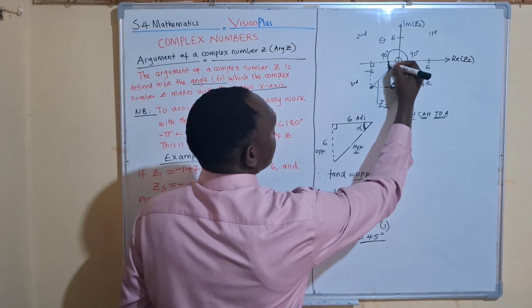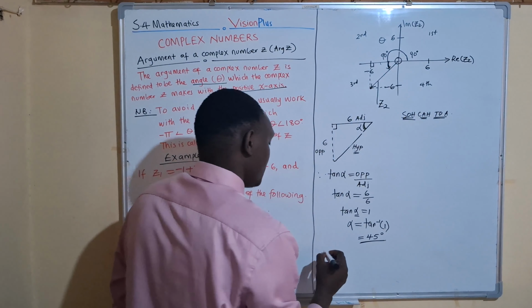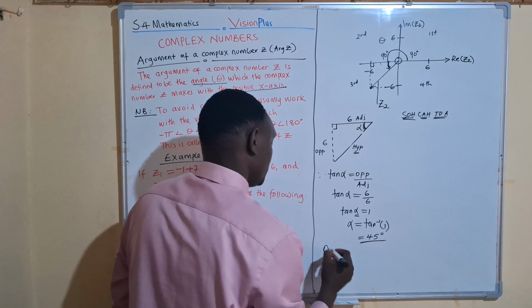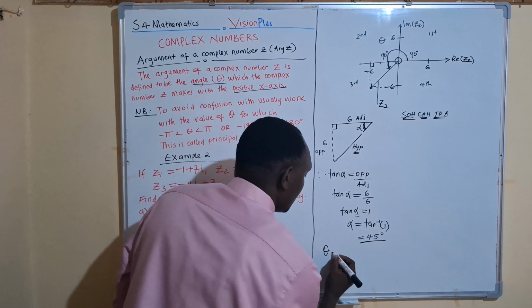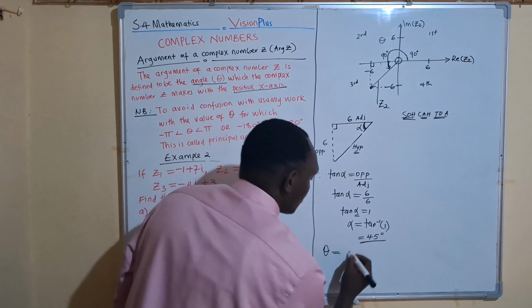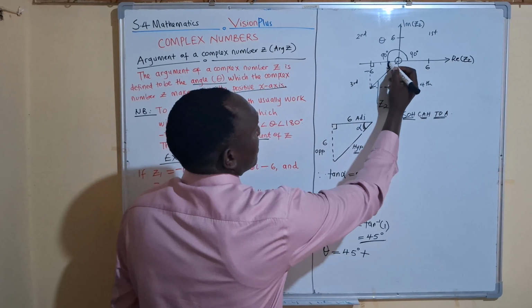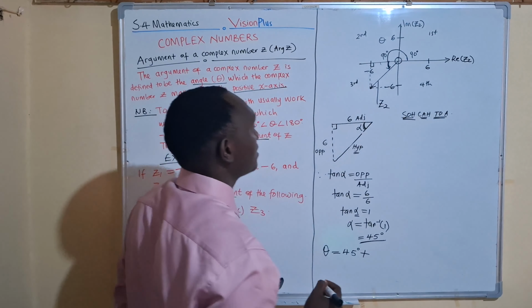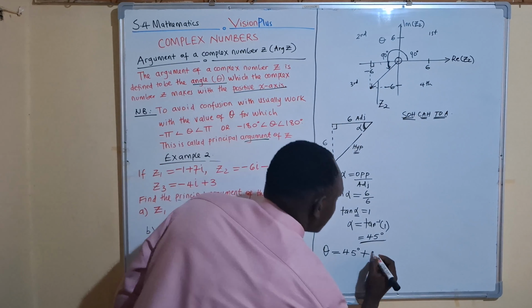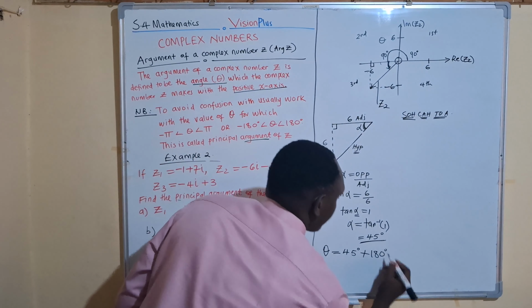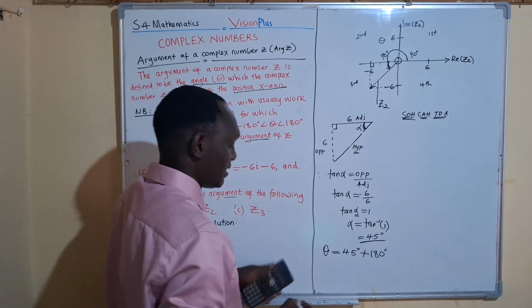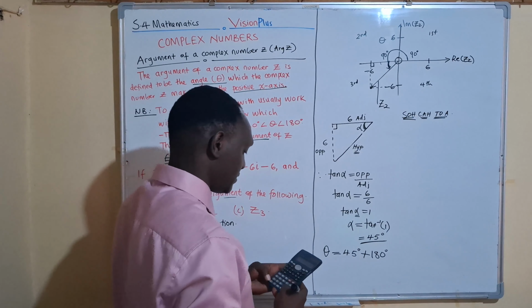Now to find our argument, theta, it becomes this small angle 45 degrees plus 180 degrees.